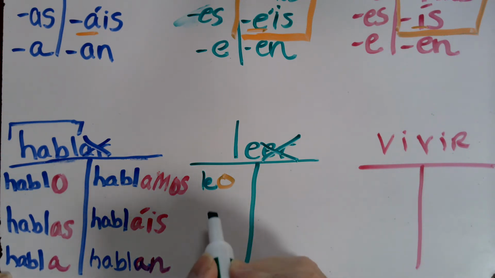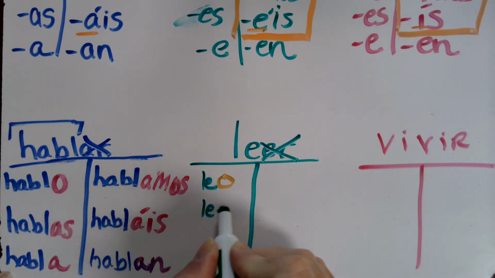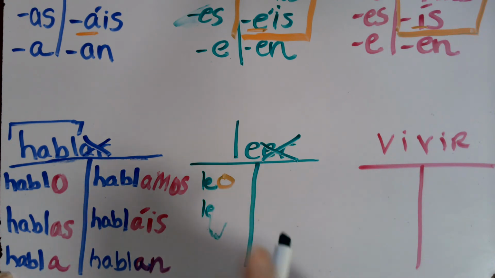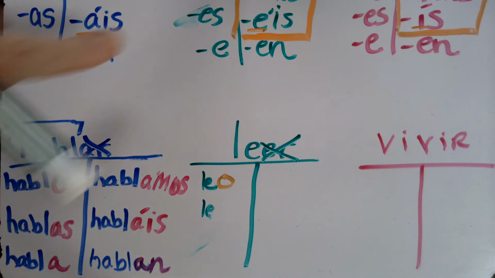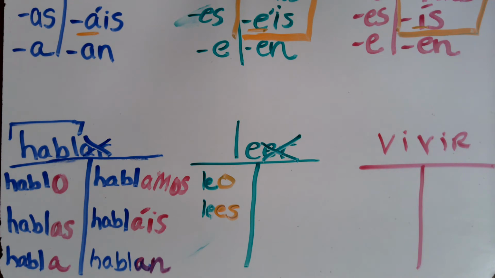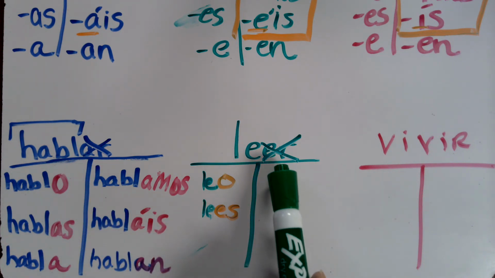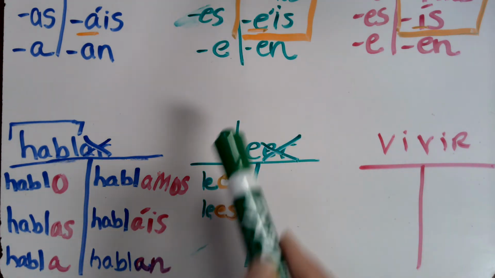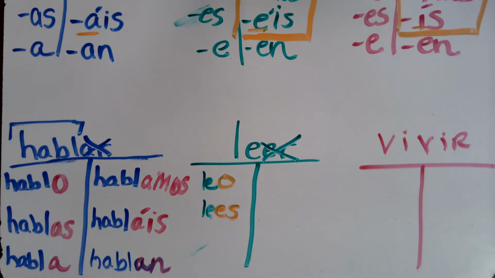For the tú form, I simply take the stem and add my correct ending for tú, which is es, and it's tú lees. Sometimes kiddos see that you have two e's together and you think you've done that incorrectly. As long as you follow the steps, cross off the ER and add the ending, you'll be fine.